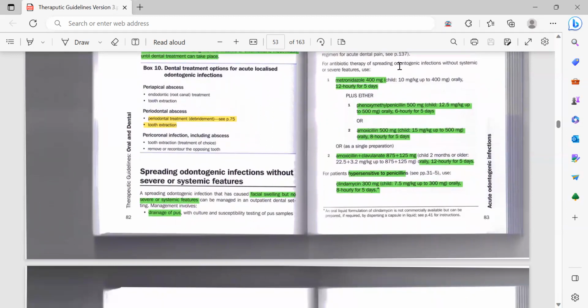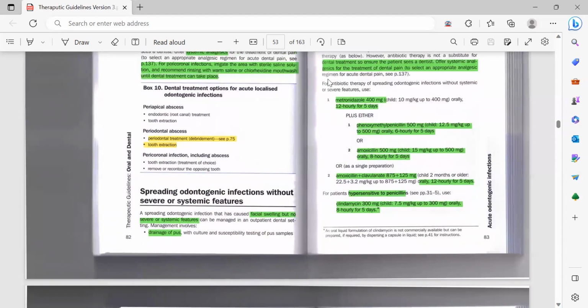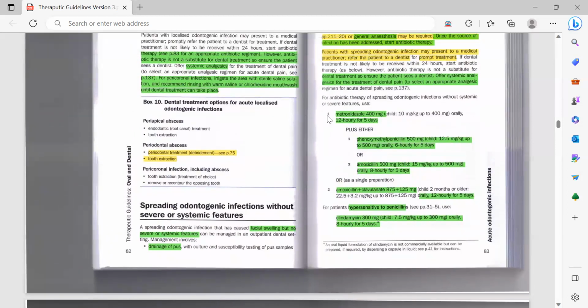For antibiotic therapy of spreading odontogenic infections without systemic or severe features, the antibiotics you need to prescribe are metronidazole 400 milligram orally, 12 hourly for 5 days, plus either phenoxymethyl penicillin, which is narrow spectrum, or the moderate spectrum amoxicillin 500 milligram.